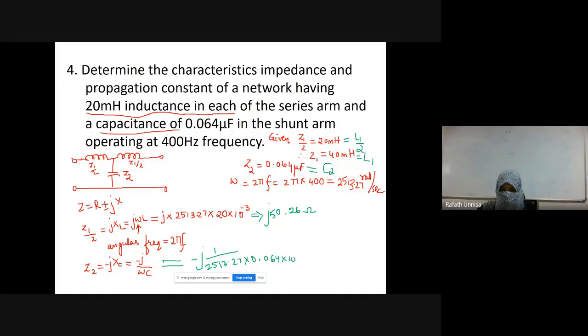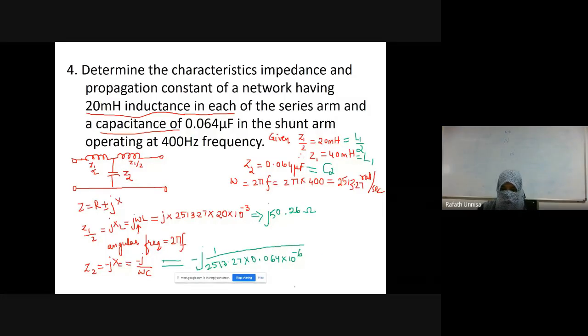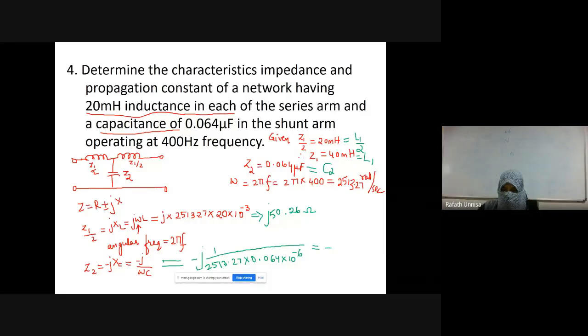Micro is 10 power of minus 6. So how much am I getting? When I do that, 6217. Minus J 6217 ohms. This is my value of Z1 and Z2.